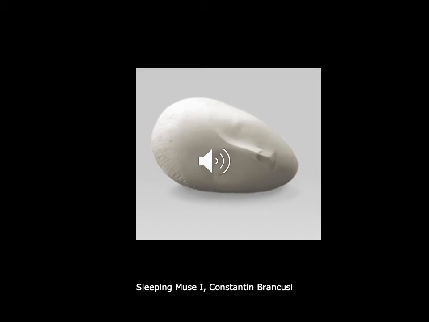Brancusi works with a few very specific themes, not a wide vocabulary of them. And he never really deserts the figure, however abstract some of his works seem to be. Again, his materials are simple in that most sculptors work with one or two, maybe two or three raw materials.